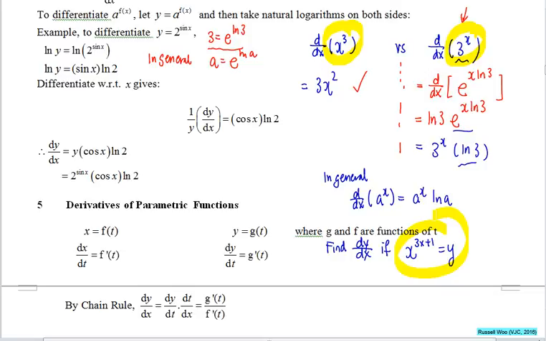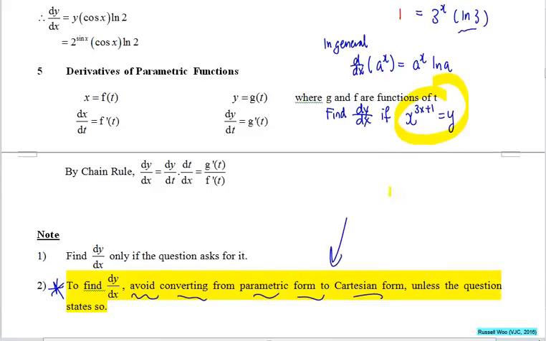Take log on both sides, then do implicit differentiation. But definitely not this, definitely not this. Because this is when the constant is in the power, and this is when the constant is in the base. But this one is neither. So take log on both sides and do implicit differentiation. Don't need to do it now, just write down, will do. Alright.